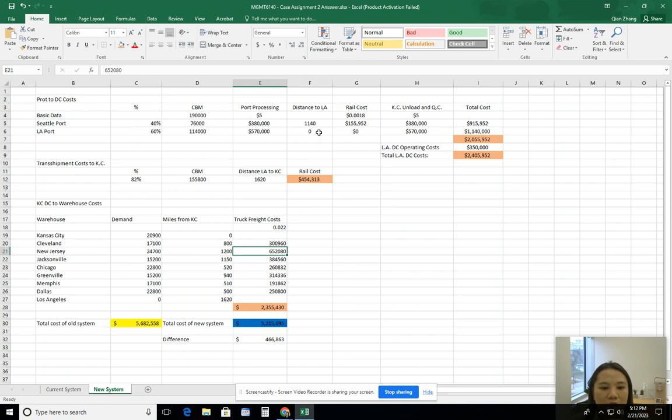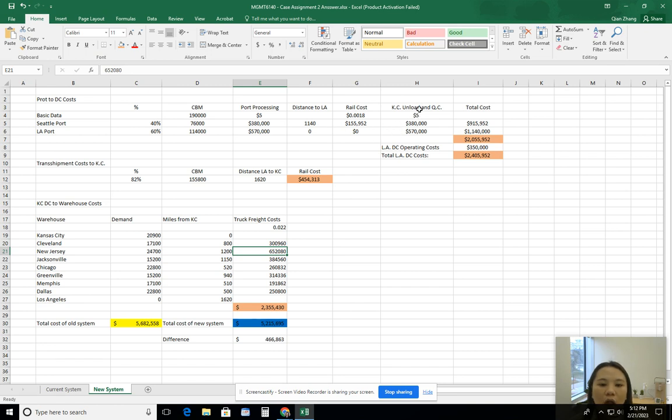The distance is different, so the real cost will be different, because currently LA will be another distribution center, so we don't need to transport the importing products to LA, but we still need to transport from Seattle to LA. So this is how much we have.